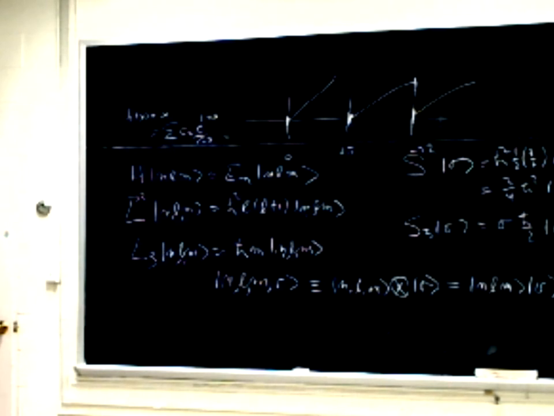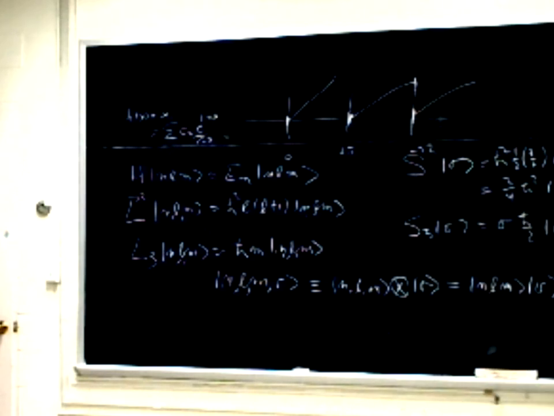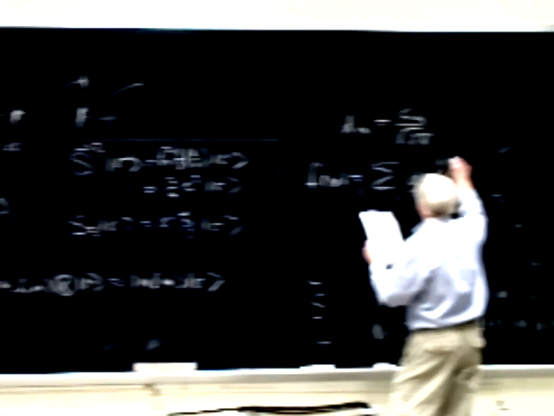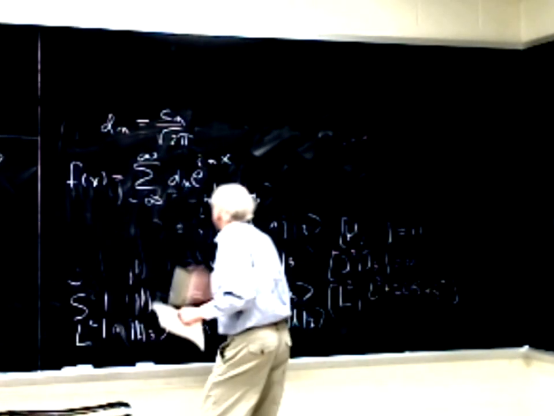Instead, we can define coefficients d_n equals c_n over square root of 2 pi. In that case, f(x) is represented by a sum of d_n e^{inx} from minus infinity to plus infinity.